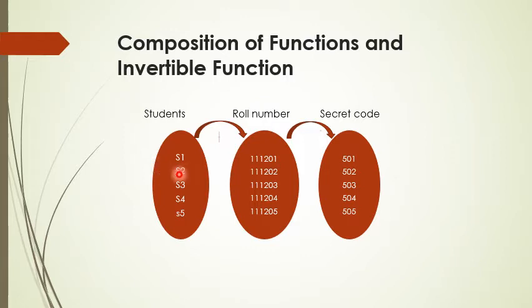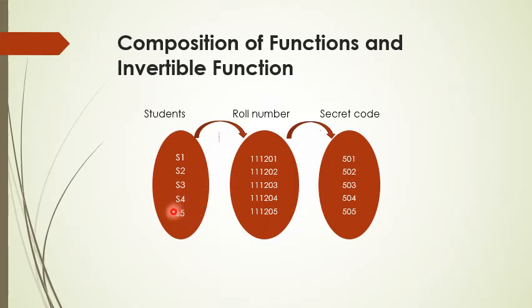Similarly, the secret code of S2 is 502. There exists an arrow from S2 to this number and an arrow from this number to 502. Hence, the secret code of student S2 is 502.